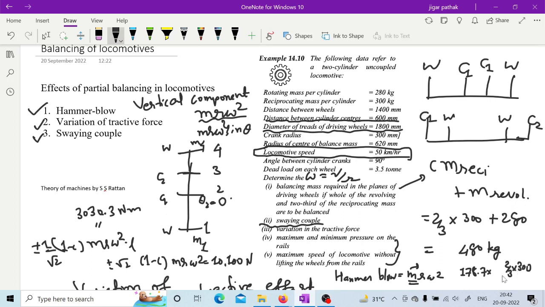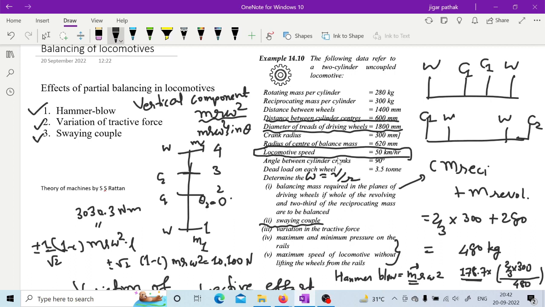That is 2/3 of this 300, and over there total is 480. From this normalization you will get the fraction that is balancing the reciprocating mass. Once you get that m, you can calculate the hammer blow.